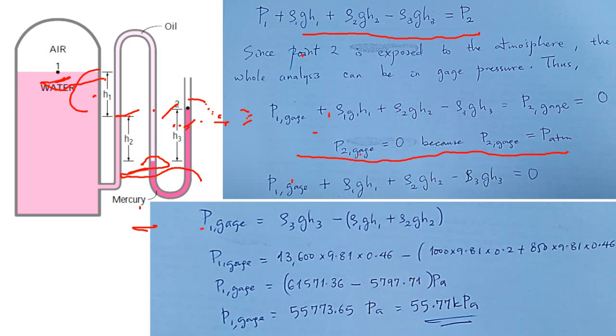So as we continue the analysis and rearrange the equation, you will have P1 gauge equal to rho 3 gh3 minus rho 1 gh1 plus rho 2 gh2. So after inserting the values, you will get a pressure of 55.77 kilopascal.